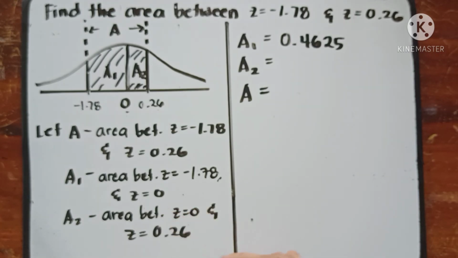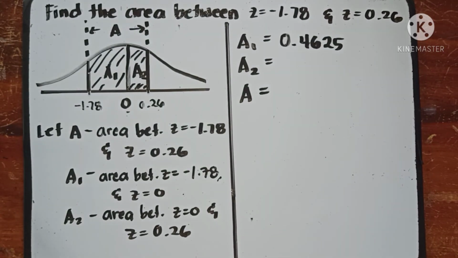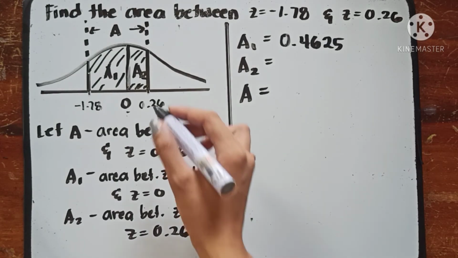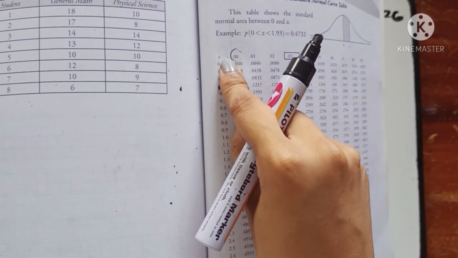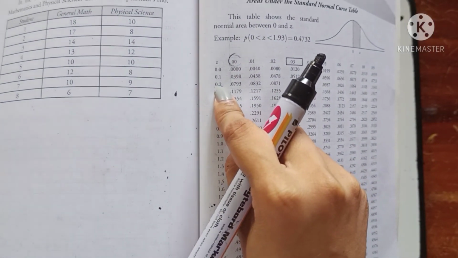Our A sub 2 is positive pa rin yan, ha? Wala po tayong negative na area. A sub 2 natin is area between Z is equal to 0 and Z is equal to 0.26. Hanapin lang sa ating Z table yung 0.26. Okay? So, 0.26. Hanapin po sa first column, 0.2.